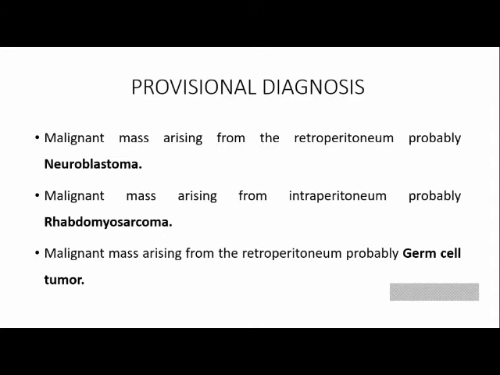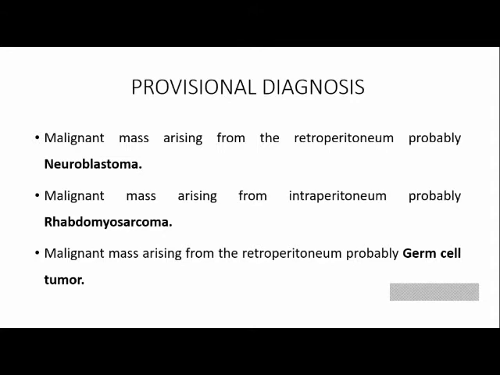Sir, for neuroblastoma, the age group is common. The child is 1 year 10 months old, that is the age group for neuroblastoma, and it is a rapidly progressive tumor. So what in your history suggests that it could be neuroblastoma more than other things?